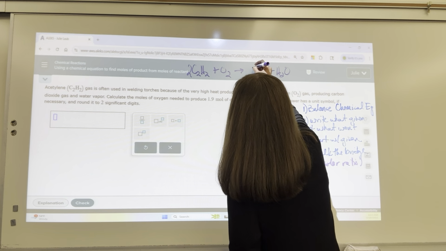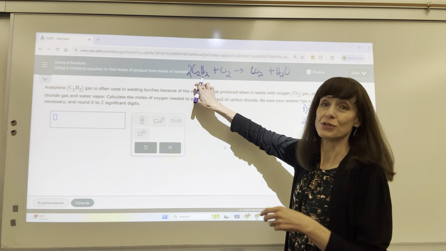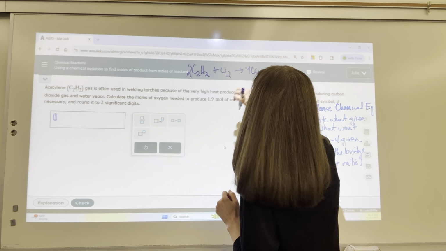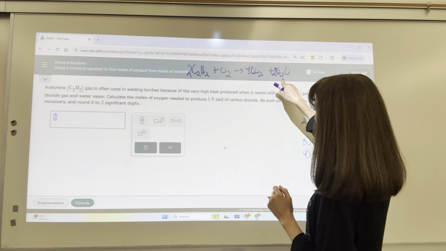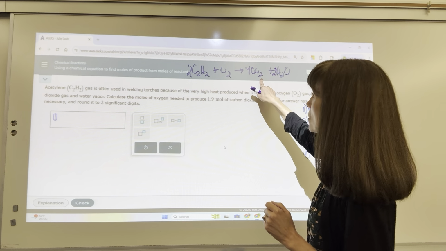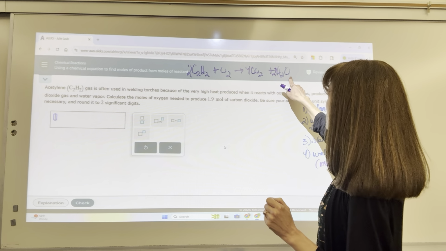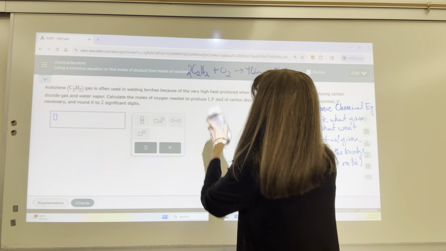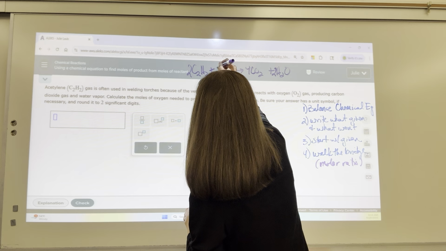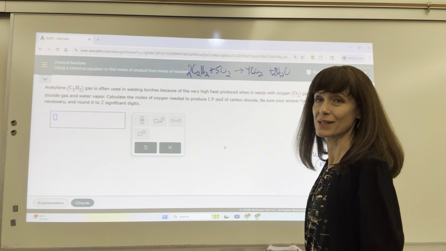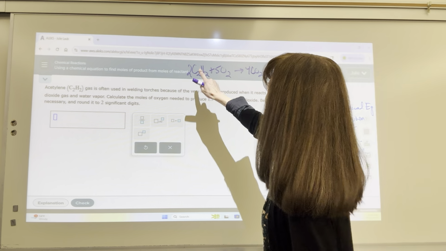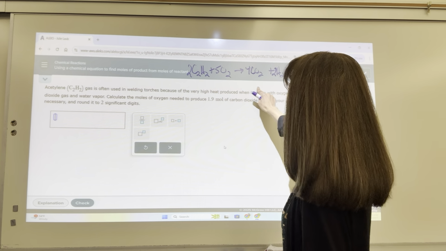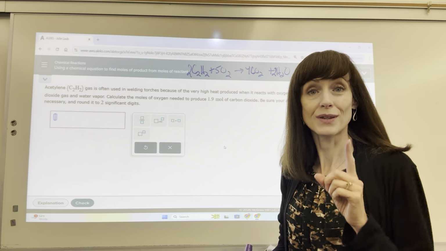So I've got 2 times 2, 4 carbon now, 4 carbon. We've got 4 hydrogen, put a 2 there, 4 hydrogen. Now 4 times 2 is 8, 2 times 1 is 2, 8 plus 2 is 10. Come over here, I'm going to put a 5 in front of that oxygen, and now we have 10 oxygen. So everything's balanced. 4 carbon, 4 carbon, 4 hydrogen, 4 hydrogen, 10 oxygen, 10 oxygen. Excellent. So there's step 1.